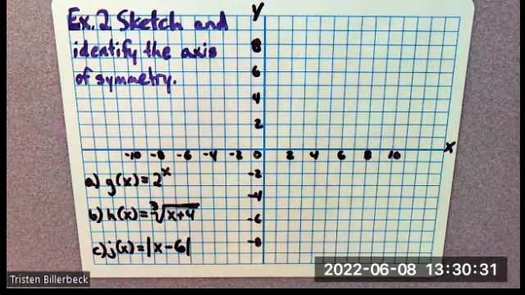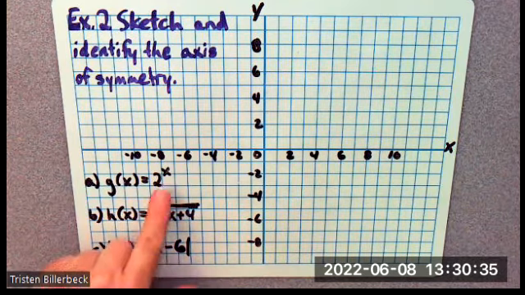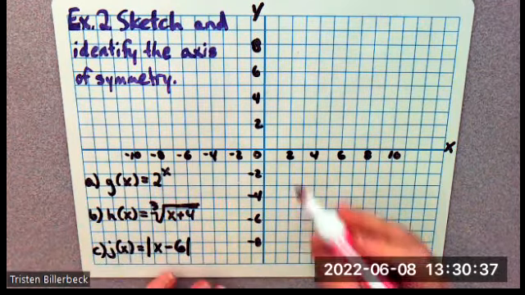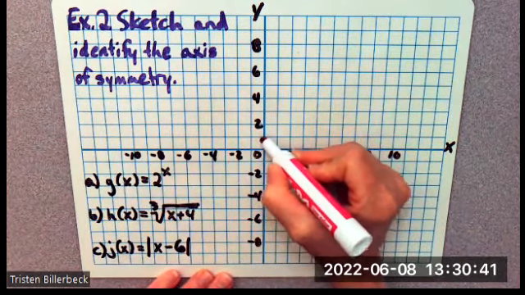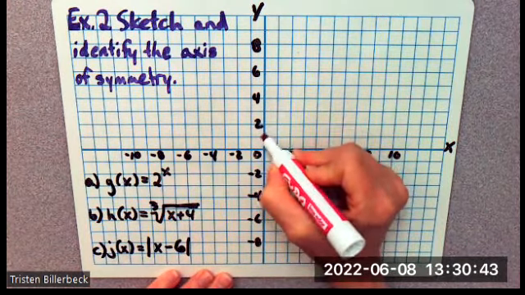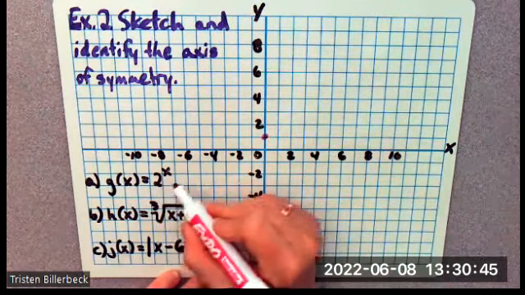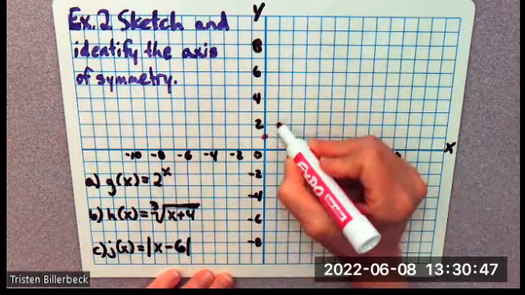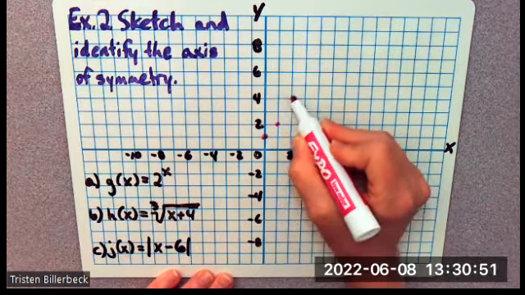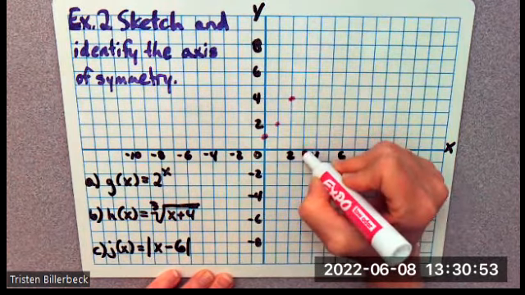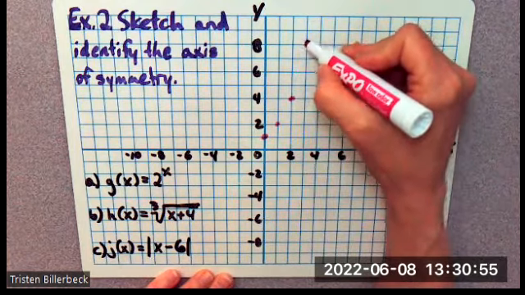So this particular one, we have sketch and identify the axis of symmetry. If we sketch this one, g of x, when x is 0, 2 to the 0 is 1. When x is 1, 2 to the 1 is 2. When x is 2, 2 squared is 4. When x is 3, 2 cubed is 8.